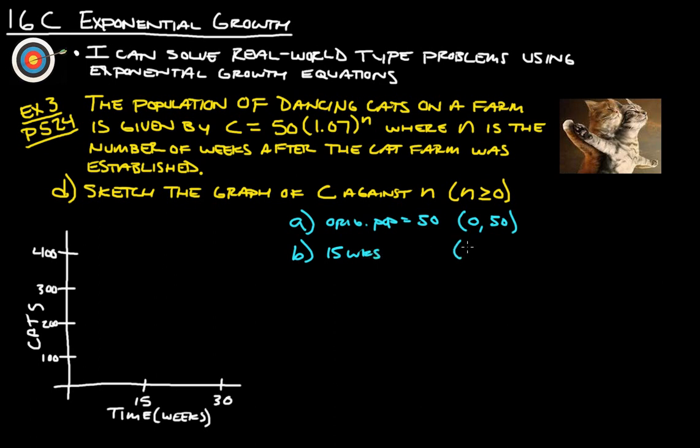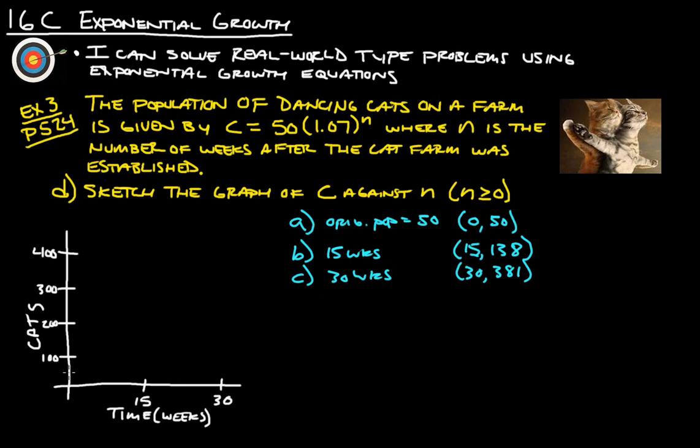So the time is 15, and at 15 weeks we had 138 cats. That's what the book has, rabbits. And then part C was 30 weeks. At 30 weeks there were 381 cats. So now we have 3 pieces of data that we can graph.